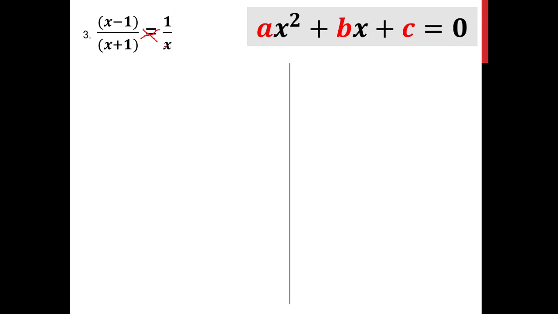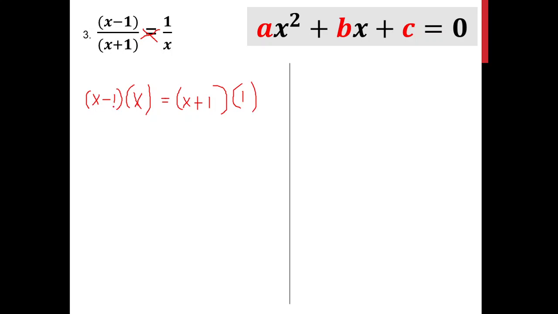So the only way is to use cross multiplication, meaning the numerator here will be multiplied by the denominator here. So you can write x minus 1 times that one. Again, please practice using parentheses in separating your terms, and then x plus 1 times this one, which is 1.